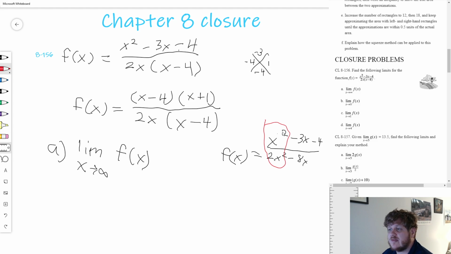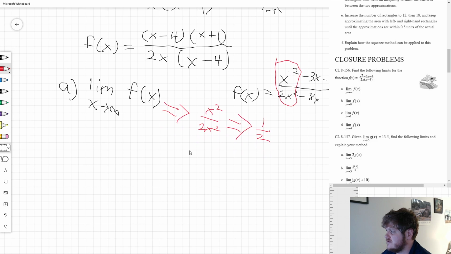Since they're both at the same power, both x squared terms, we're just going to look at the ratio of the coefficients. So we end up with something that's approximately x squared over 2x squared, which when we cancel out the x squareds, we have 1/2. And so that'll be our limit as x approaches infinity.